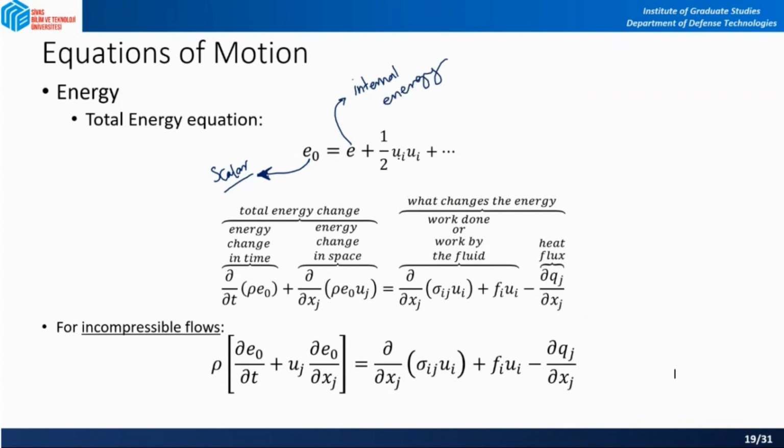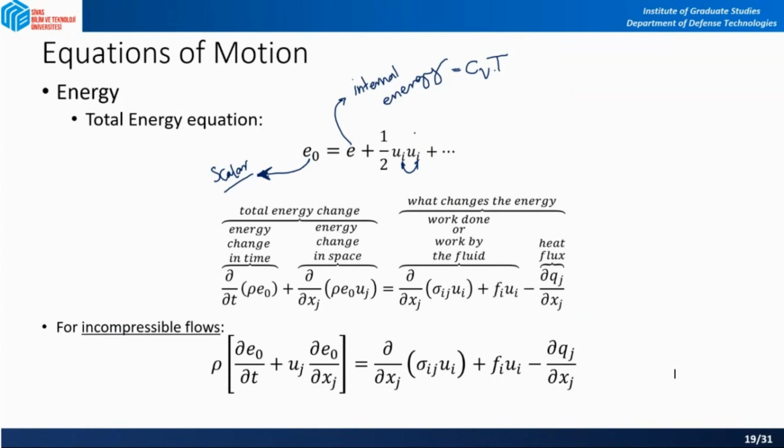Plus, actually, internal energy, you remember from thermodynamics, it's equal to CvT. Plus half of ui ui. As you see, you have a repeating index, so it means that it is a summation.